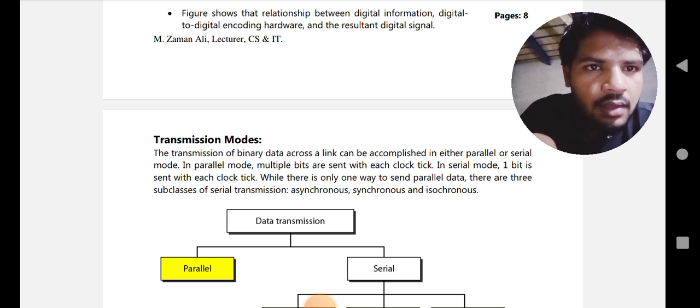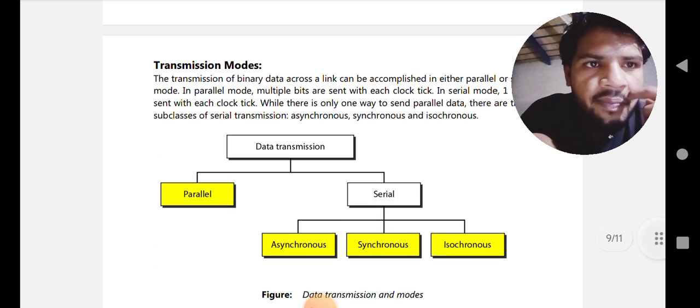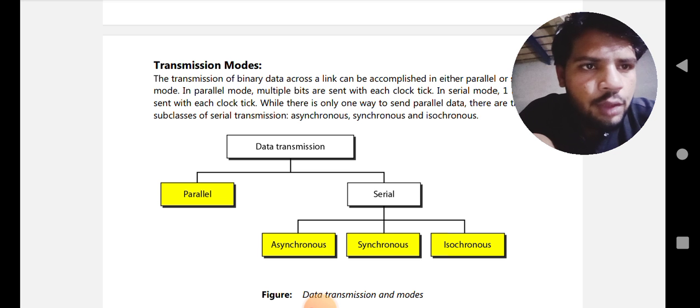So data transmission has two types: parallel transmission and serial transmission. You can see in the diagram that serial transmission has three more types.